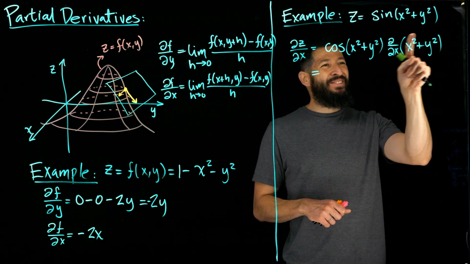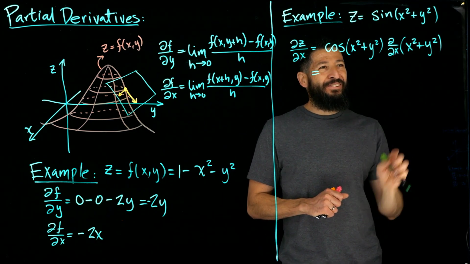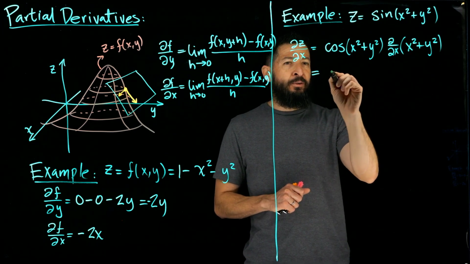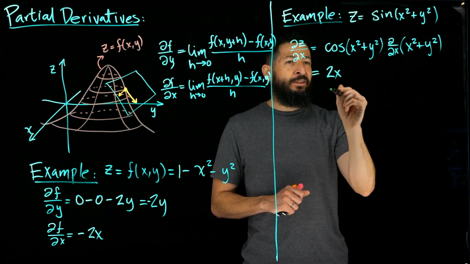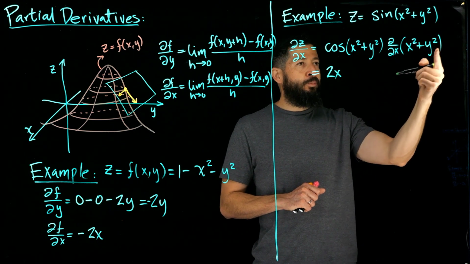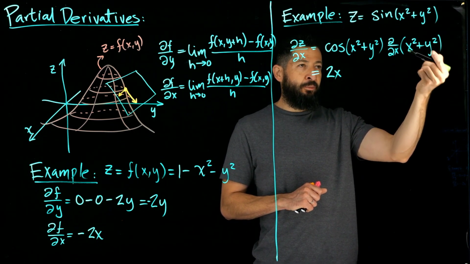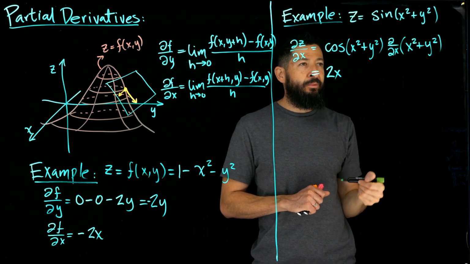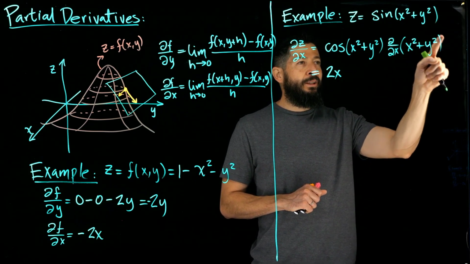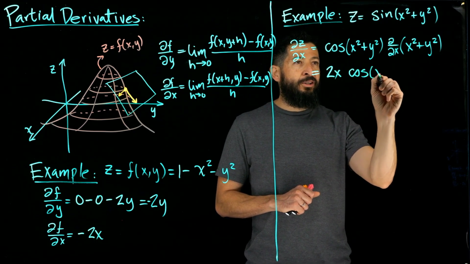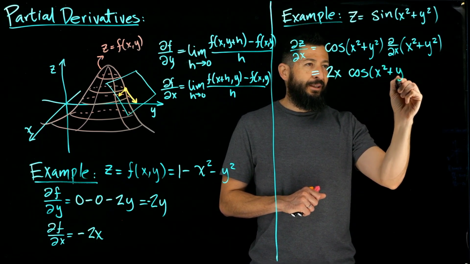So taking the derivative of x squared plus y squared, you get the derivative here with respect to x of x squared. I'm going to put it in the front. Let's start with that. 2x plus the partial with respect to x of y squared. Y squared is a constant when considered with respect to x. Derivative is 0. So the derivative of this is just 2x. And then I multiply times what I had, cosine of x squared plus y squared.